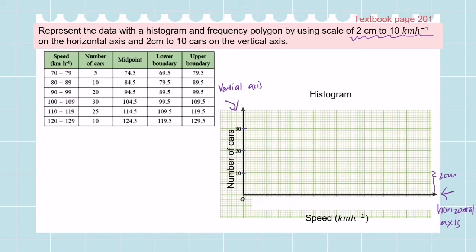So now the first number you look at, the first lower boundary, is 69.5. So I will put the first one here, 69.5.